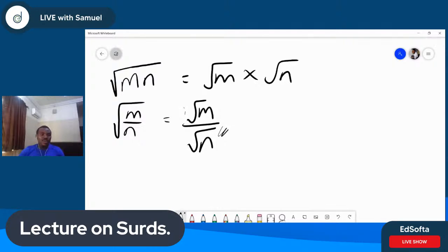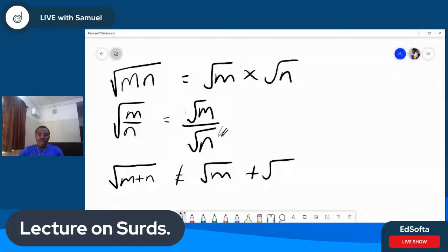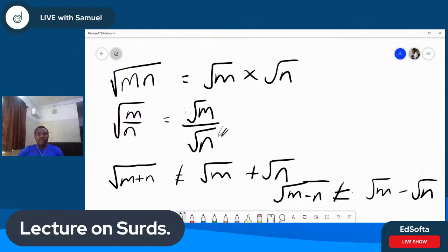So mind you, you can't do this. You can't say root m plus n is the same thing as root m plus root n. It is not equal. You can't say root m minus n is equal to root m minus root n either. Why?